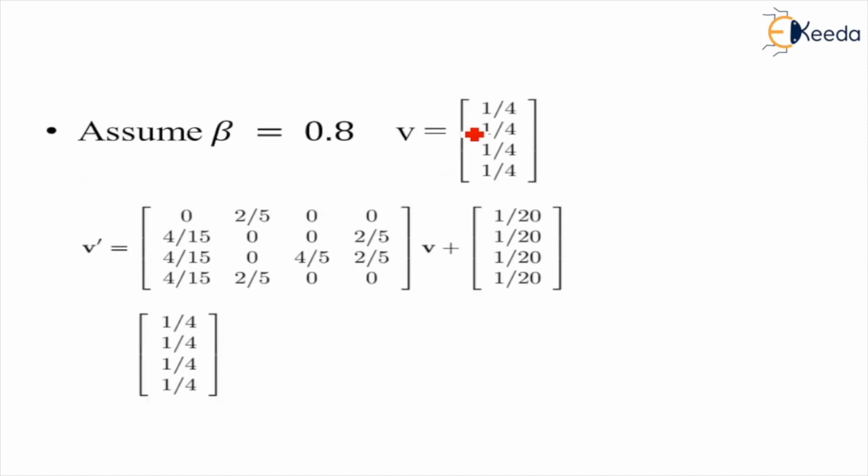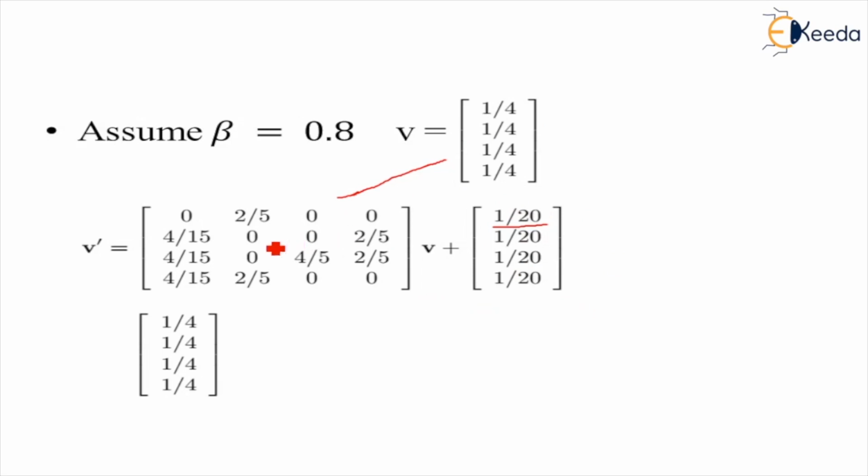So it will be 1/4 into 1/5, which comes down to 1/20. So all elements in the matrix will become 1/20. Now this matrix is multiplied with the V, and we add this matrix to the result.